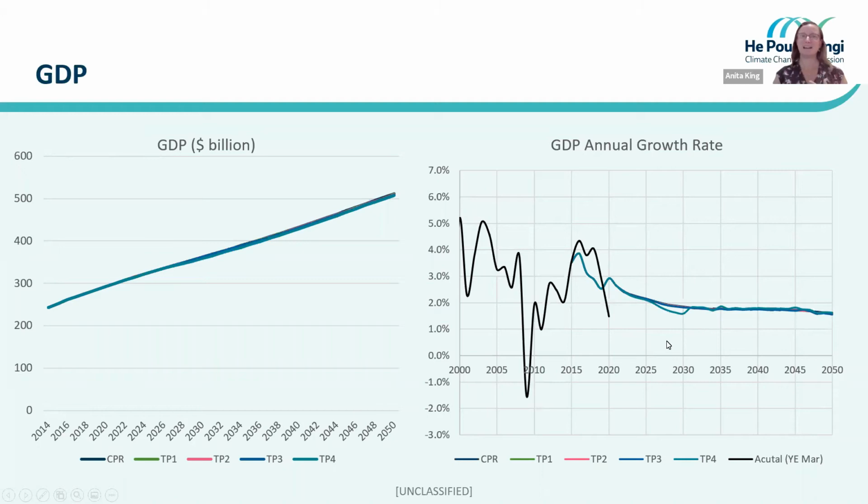You may remember earlier when I was describing it, I said that we go really tough in TP4, very tough on emissions through to 2030, and then we ease off. That does have an effect on GDP, and you can see that there. Once we get to 2030 and we take our foot off the accelerator, then our growth rate goes back to basically the same as everything else, with a few more wiggles in there.